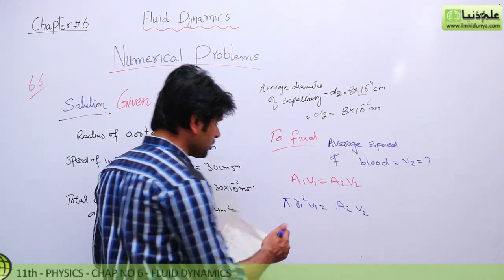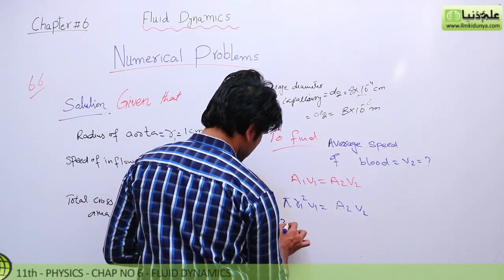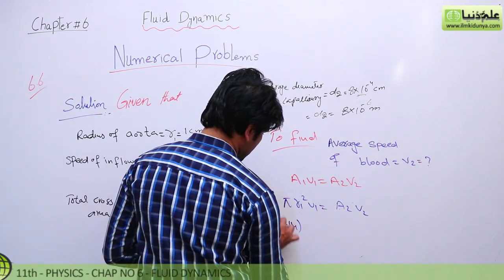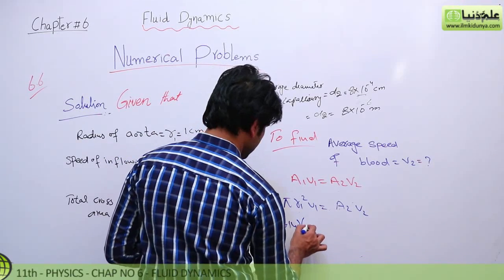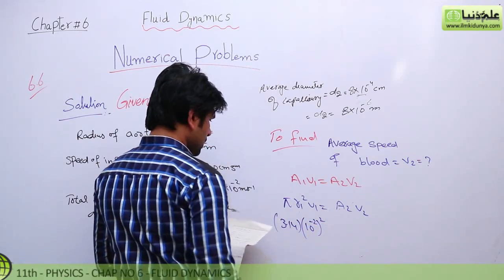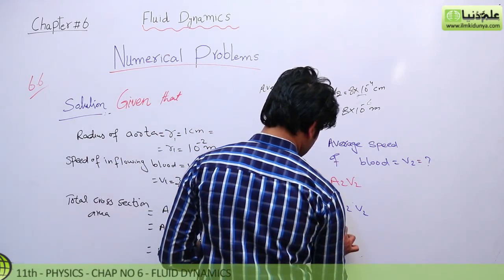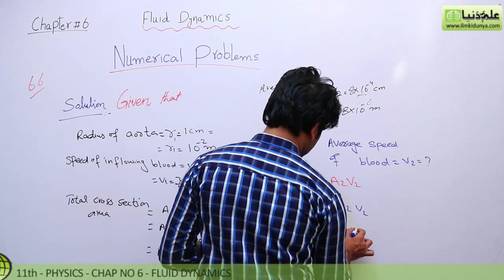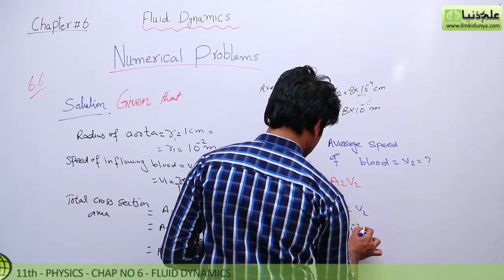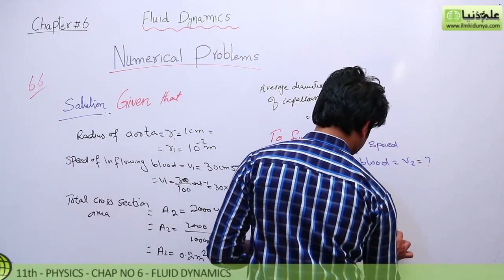Now substituting the values, pi should be 3.14. R is given as 10 raised to power minus 2 meter, and V1 is given as 30 × 10 raised to power minus 2 meter per second, and A2 is 0.2 meter square.